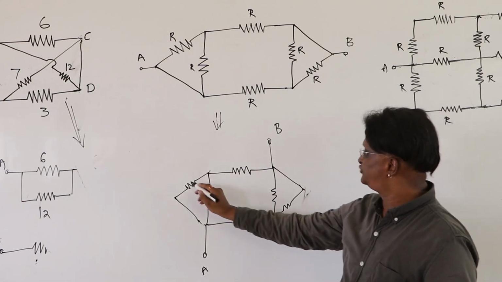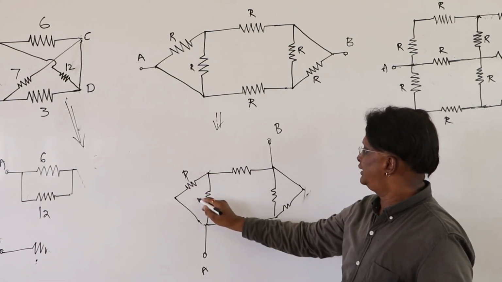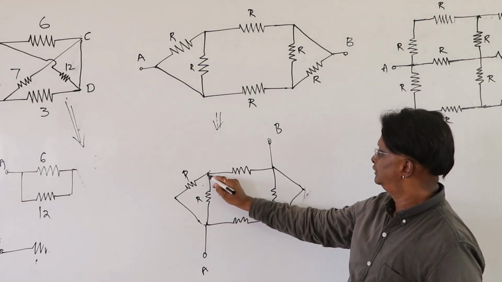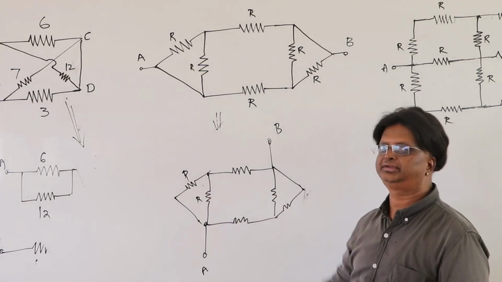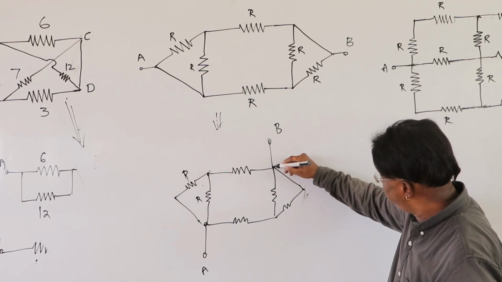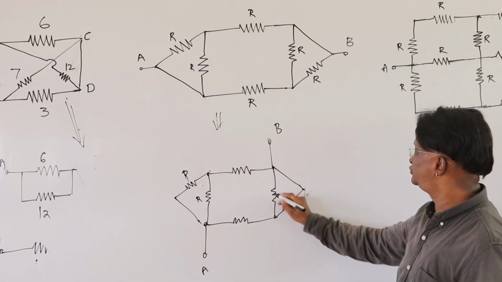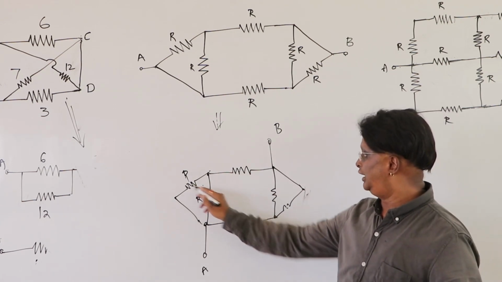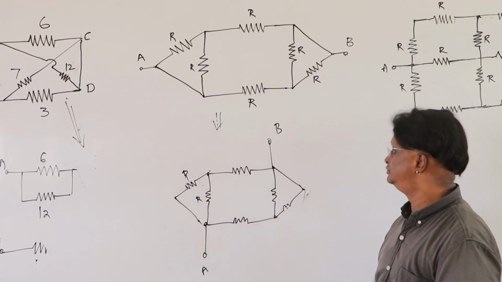Likewise, then these two resistors, R and R, are parallel, because these are the points across which two resistors are connected. And here also you will find, yes, these are the 2 points across which, again, these two resistors are parallel. So this is R by 2 and this is also R by 2.